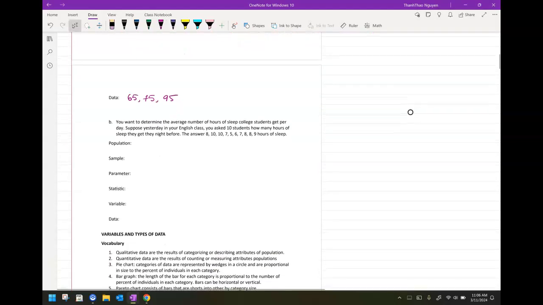In the next one, you want to determine the average number of hours of sleep college students get per day. Okay, so the population here is the college students. The parameter is the number of hours of sleep.